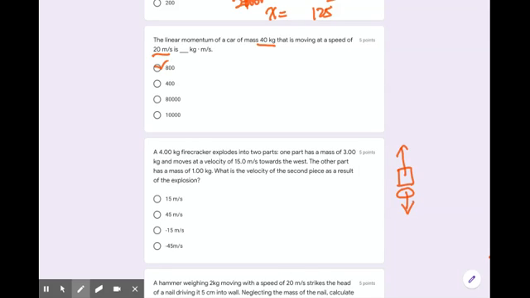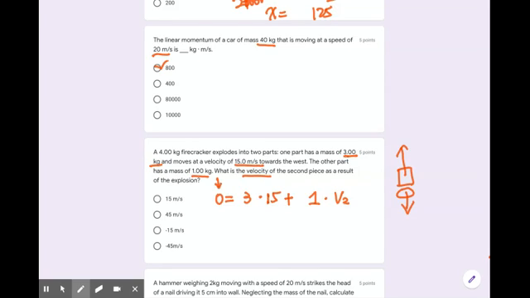So, when they're together, the momentum is 0. And then when they explode, the momentum of the first part, 3 kilogram times 15 meters per second, m1 v1, plus the second part, m2 v2, should be conserved.